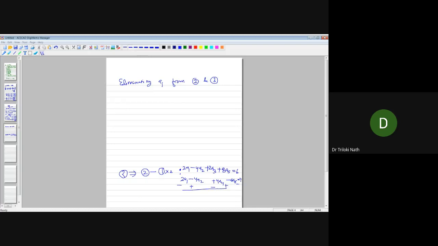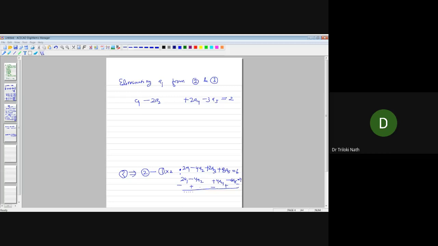So what you have? Let me write again. The first equation is a1 minus 2a2 plus 2a4 minus 3a5 equals 2. Now the second equation is going to be replaced by this subtraction. What is that?